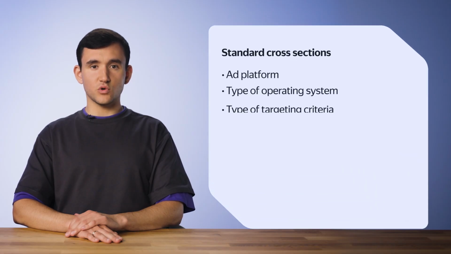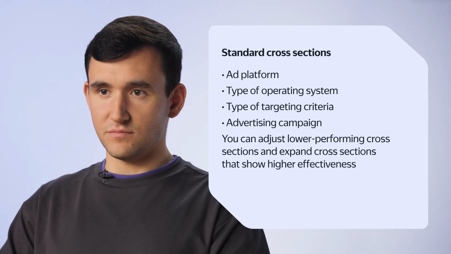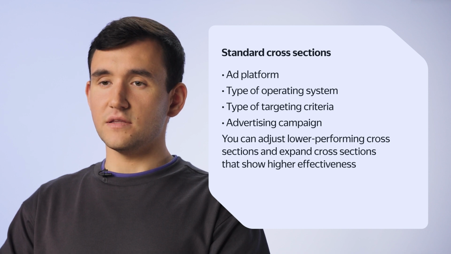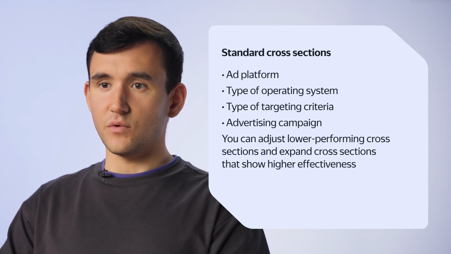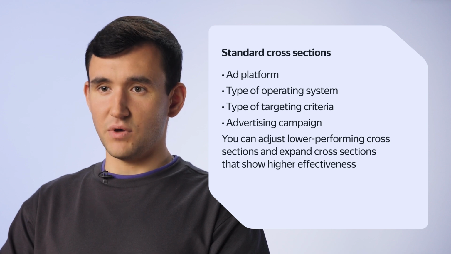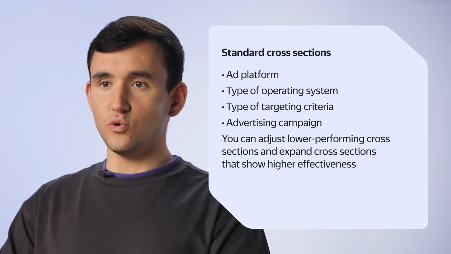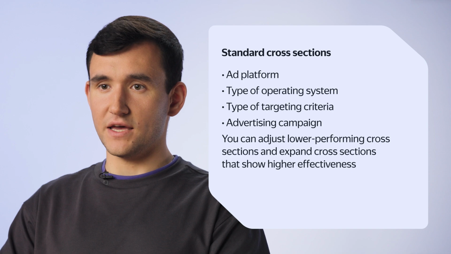We divide advertising into cross-sections to understand where we get more or fewer results. Typically, we analyze the cross-section by the ad platform, Yandex Search or the Yandex Advertising Network, the type of operating system, Android or iOS, the type of targeting criteria, are we attracting new users or working with existing ones, and the advertising campaign. You can adjust lower performing cross-sections by either scaling them down or removing them entirely. You can also expand cross-sections that show higher effectiveness.